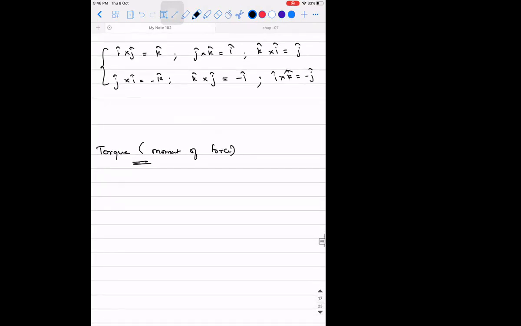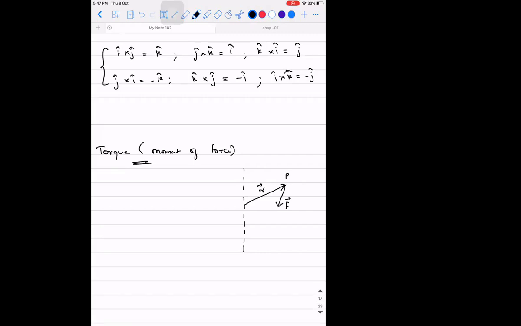Now, see. If I take this as the axis of rotation, and I apply a force which is at a distance of r vector from the axis of rotation, then F vector is like this.